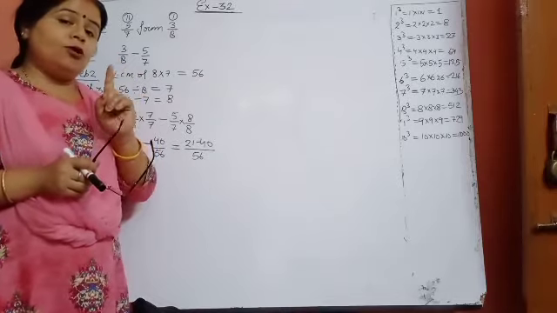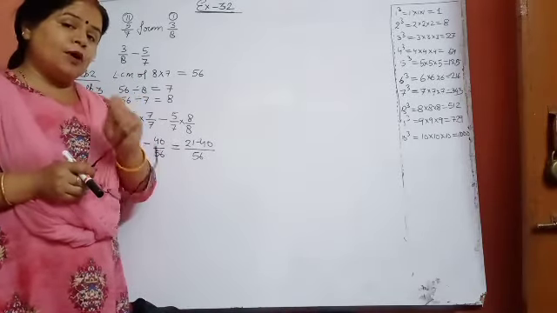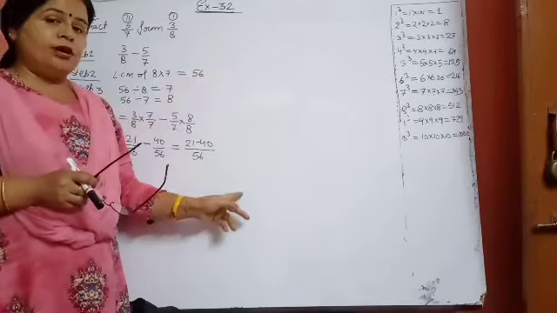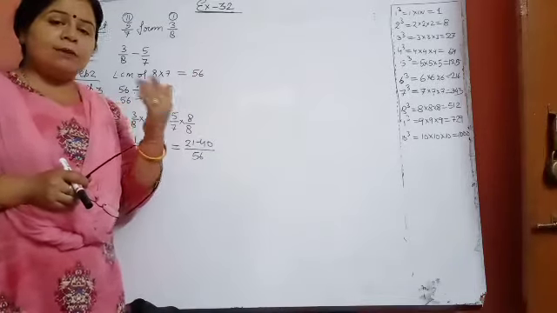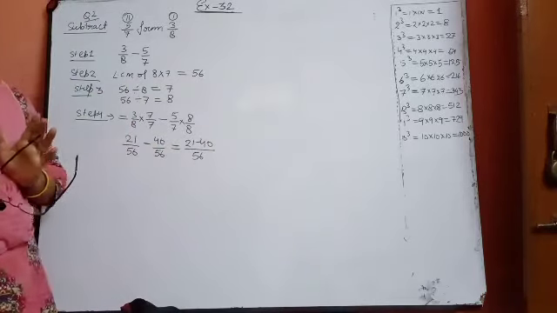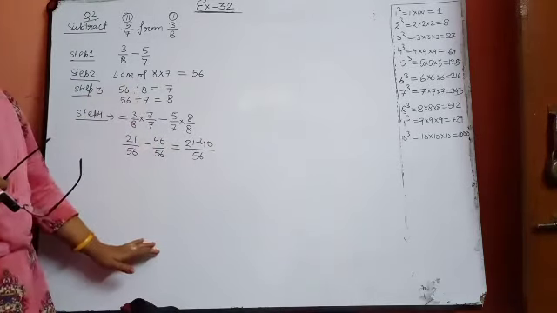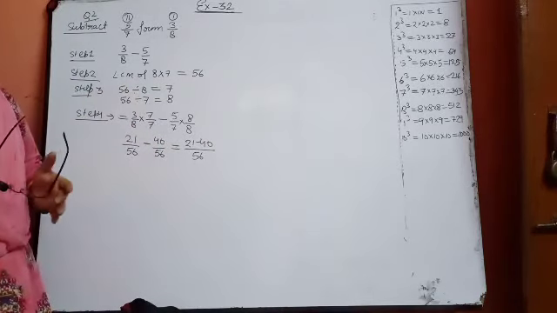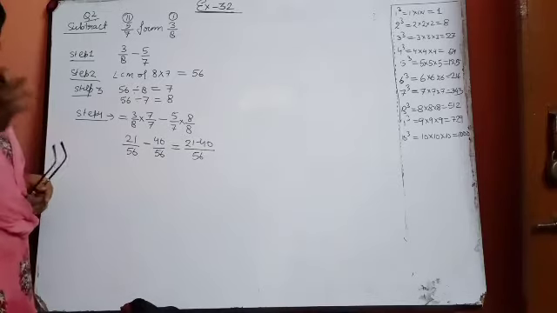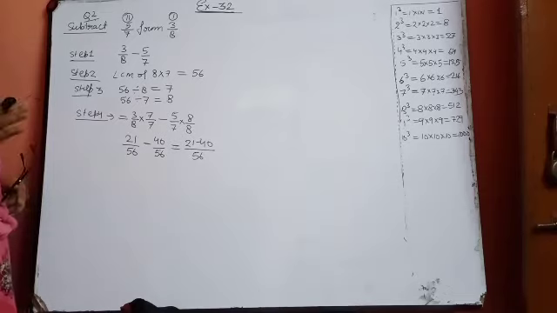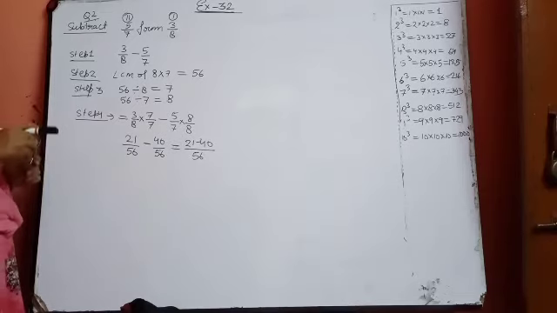But if you are not very clear in your chapter number 1, then all the children will face more and more problems in their upcoming chapters also. Whenever the new chapter algebra will come, at that time they will also face the problem. So if you have the link of my previous videos of chapter number 1, the children who are not clear in their concepts can see those videos, and in this way only they will be able to learn here.